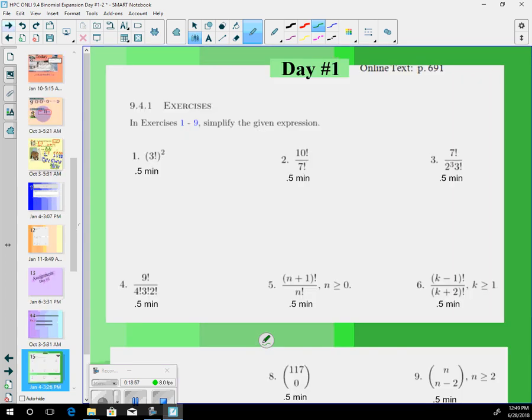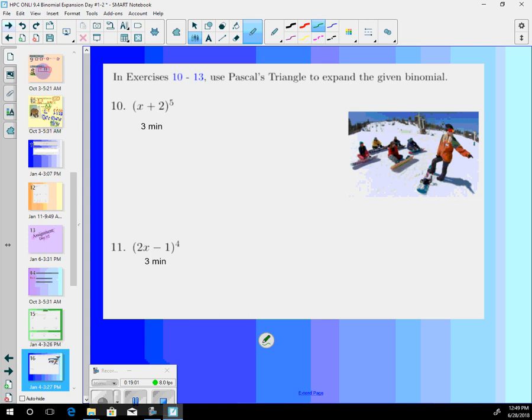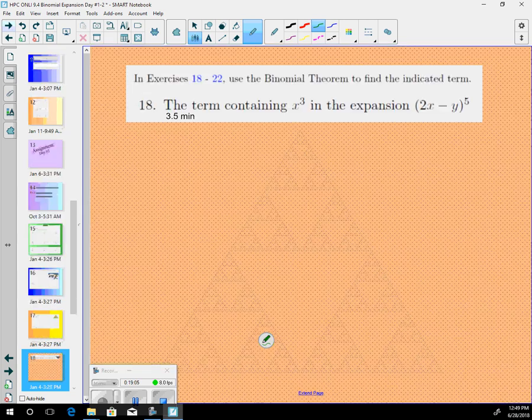Let's see. So for the homework, you've got these to do. Use the triangle method for these few. And then we're going to find the term for these. So I'm going to help you real quick with number 18 here. a is the first part, 2x. b is the second part, negative y.